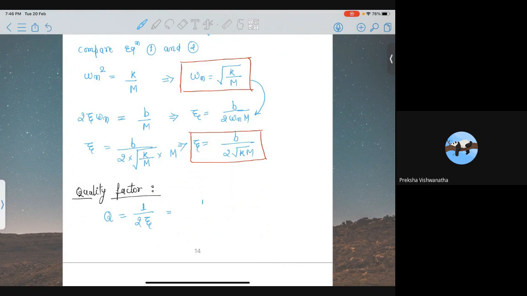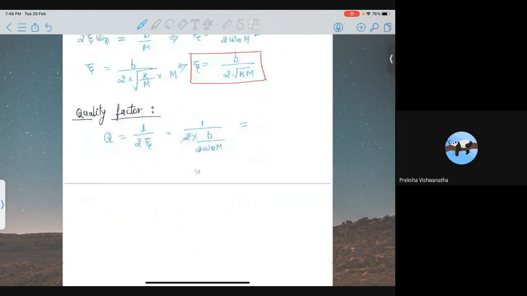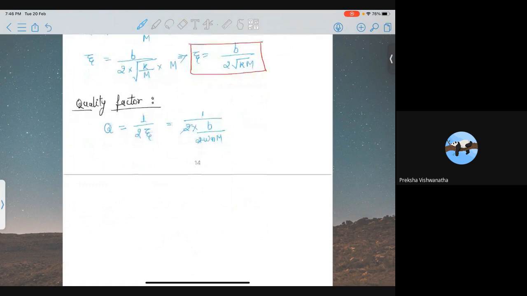Now if we put the value of zeta in this, zeta is b by 2 omega n m, and this 2 and 2 get cancelled. So the quality factor Q can be written as omega n m by b.